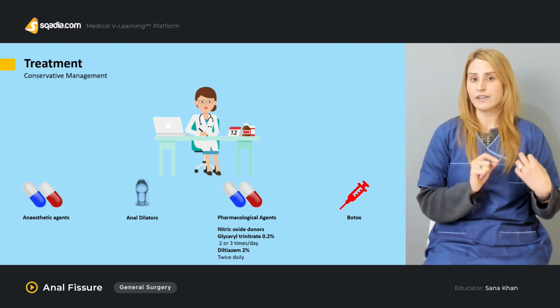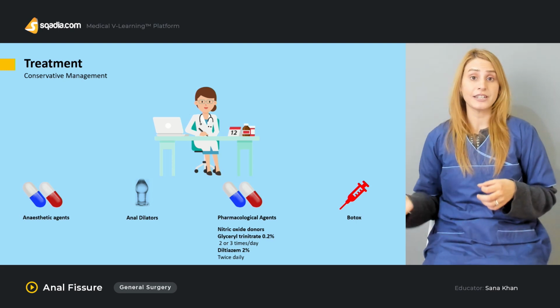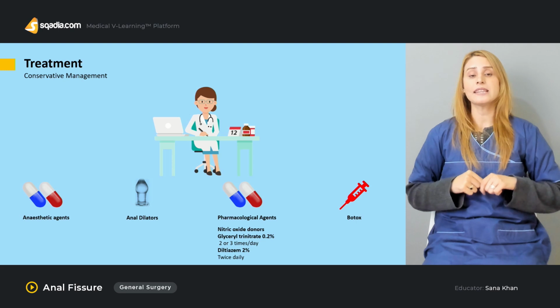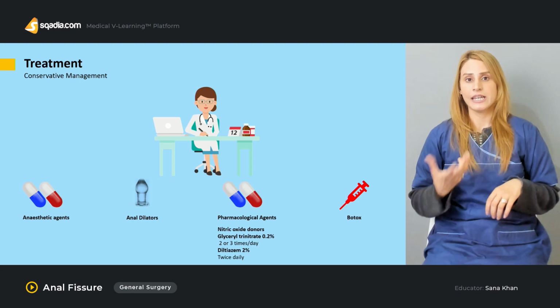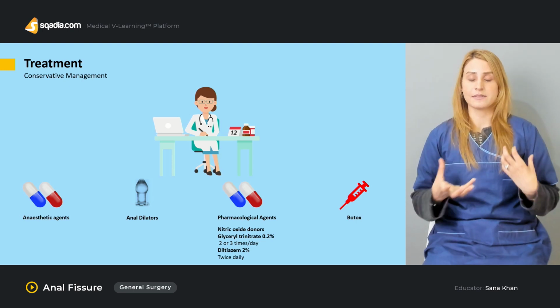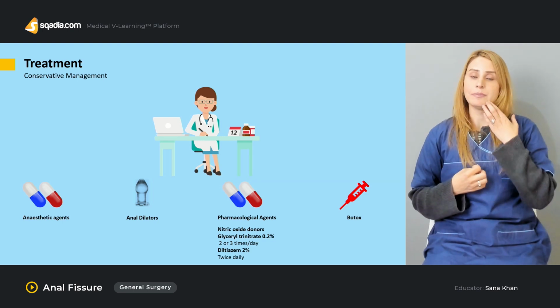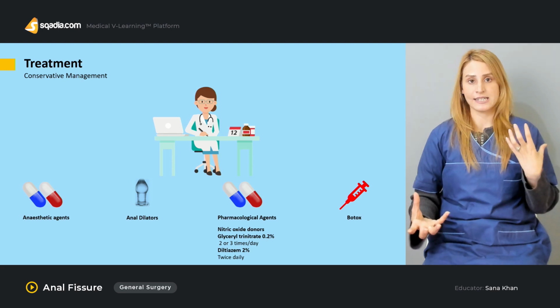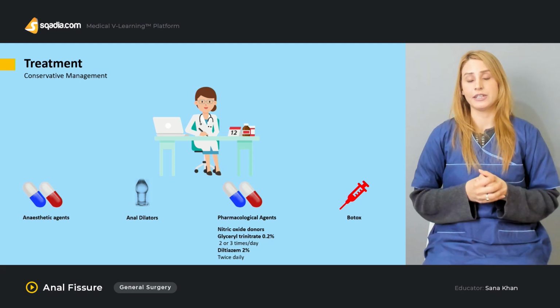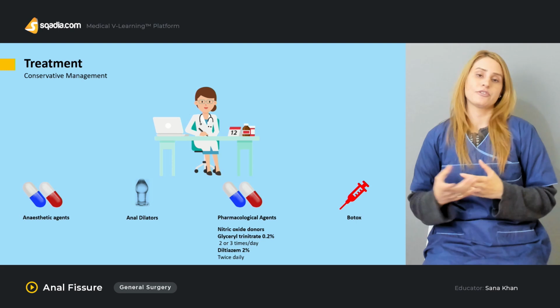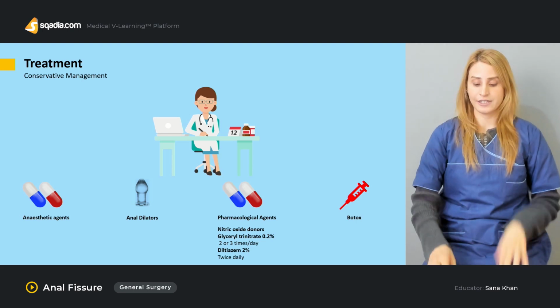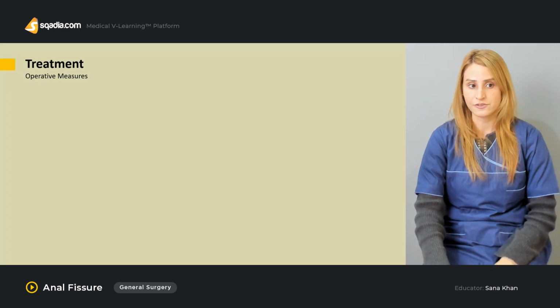The quantity varies from 10 to 100 units, and it is injected in the perianal region. Because botulinum toxin is a neuromuscular blocker, it relieves the spasm of the muscle or sphincter. So these are the things which can be used in the case of conservative treatment.